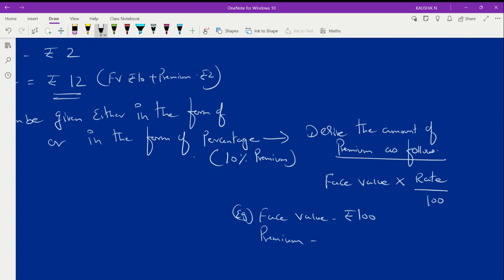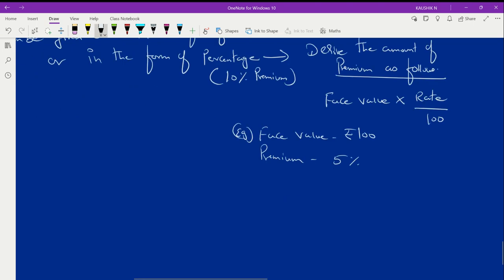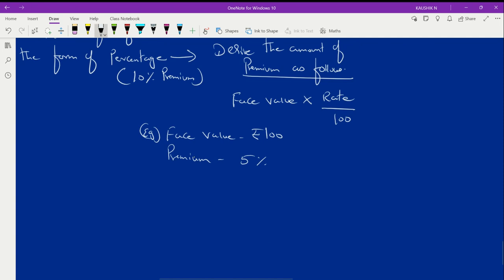Premium is given as 5 percentage. So how to derive the value of premium is quite simple. 100 rupees face value into 5 percentage, so 5 by 100, the common zeros cancel, and you will get rupees 5.